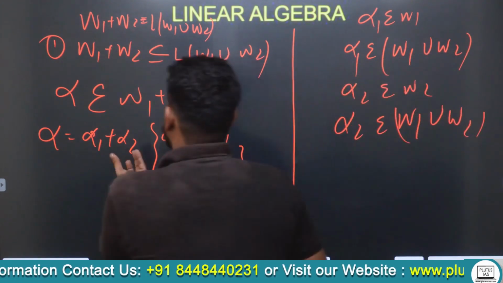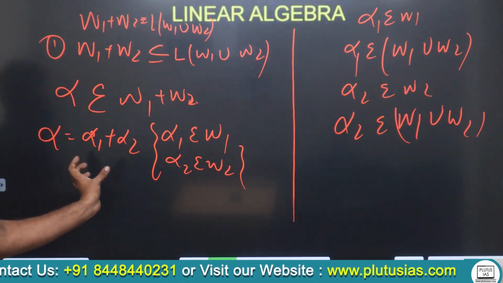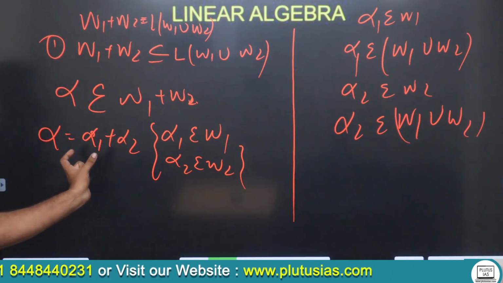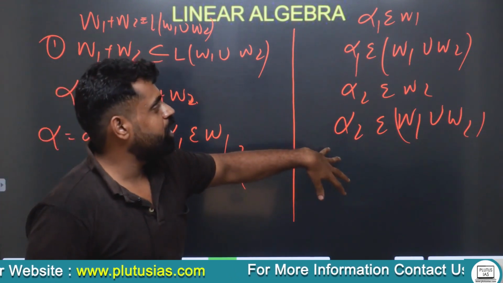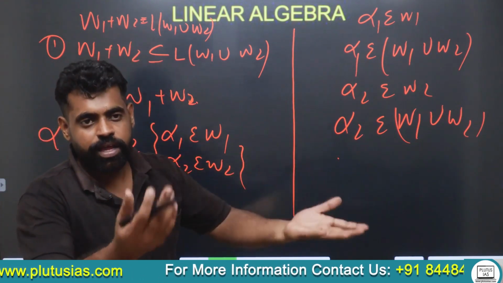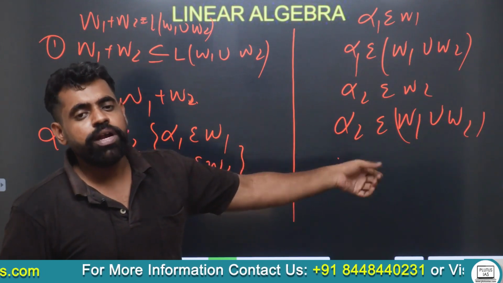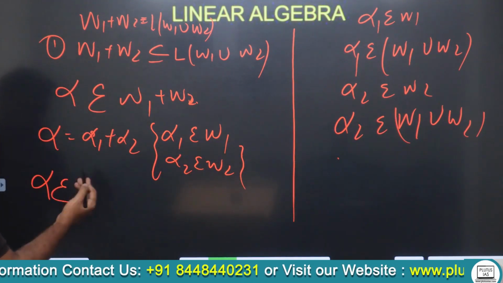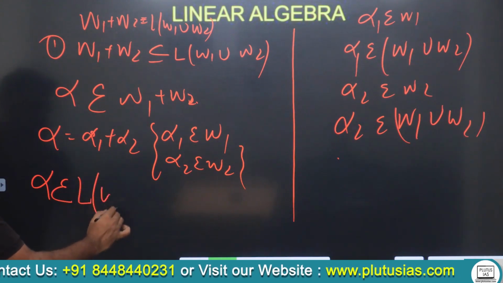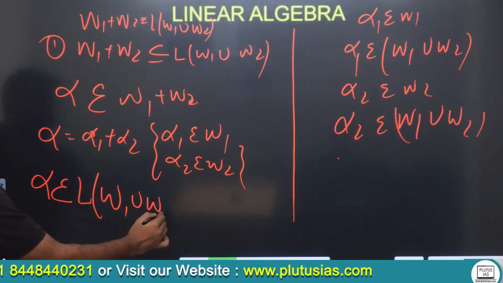So what is this? दिख नहीं रहा है? What is this? Alpha 1 plus alpha 2 is what? It is a linear combination of the W1 union W2. So we can say that alpha belongs to linear combination of W1 union W2.